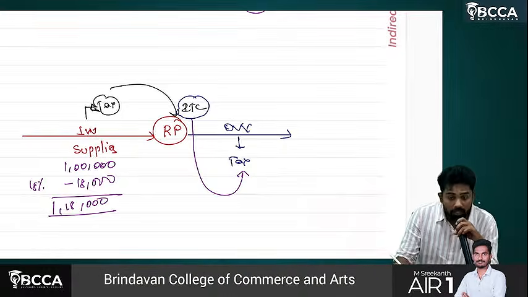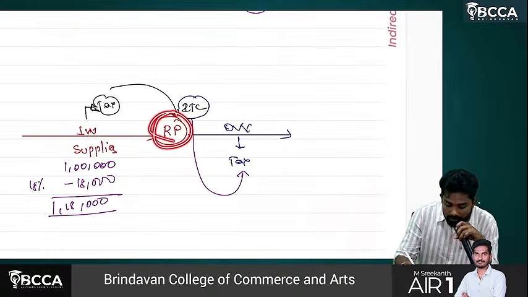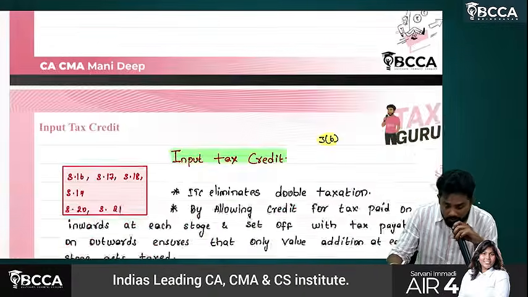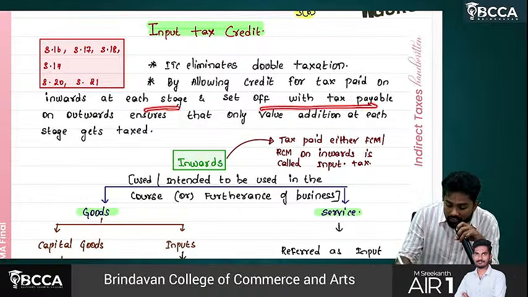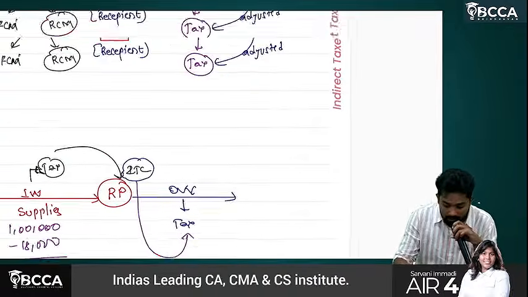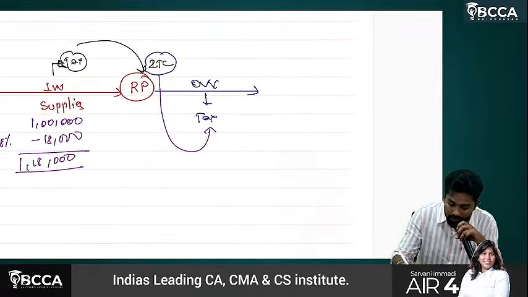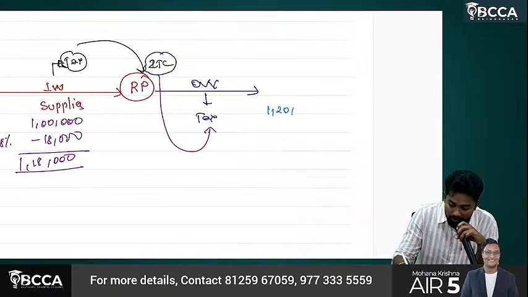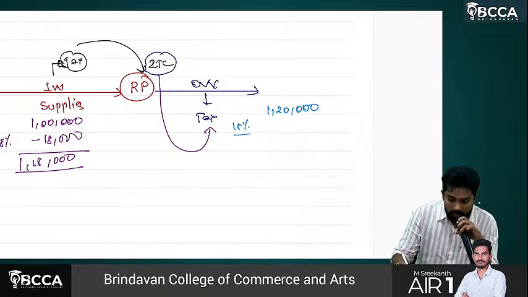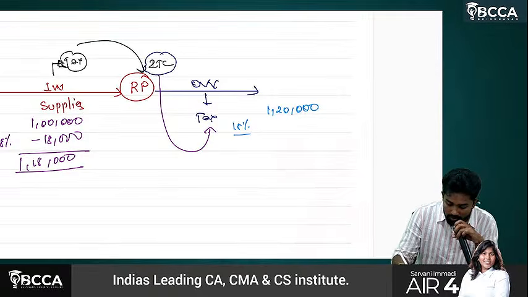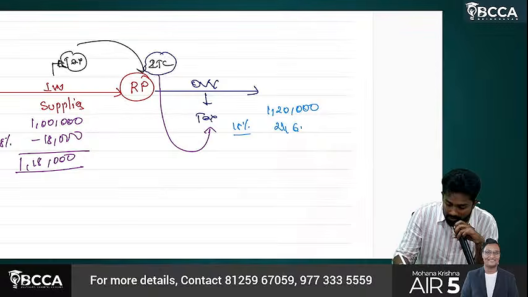Now, if this registered person has any outward supplies, by allowing credit for tax paid on inwards at each stage and set off with the tax payable on outwards. Let's say the outward he is selling for 1,20,000. On this, 18% means how much? 21,600.